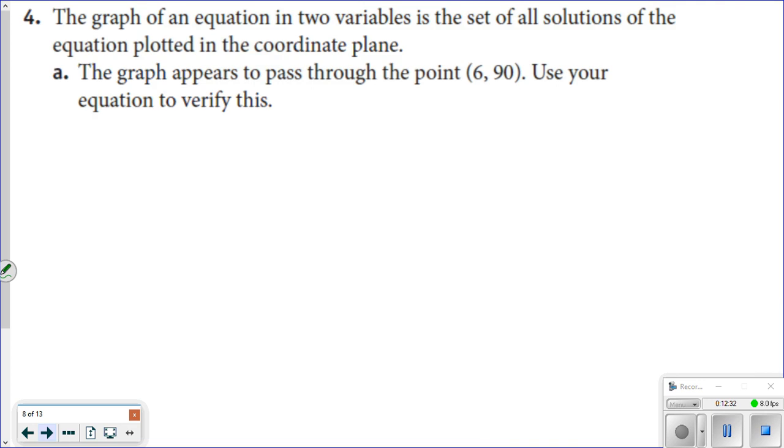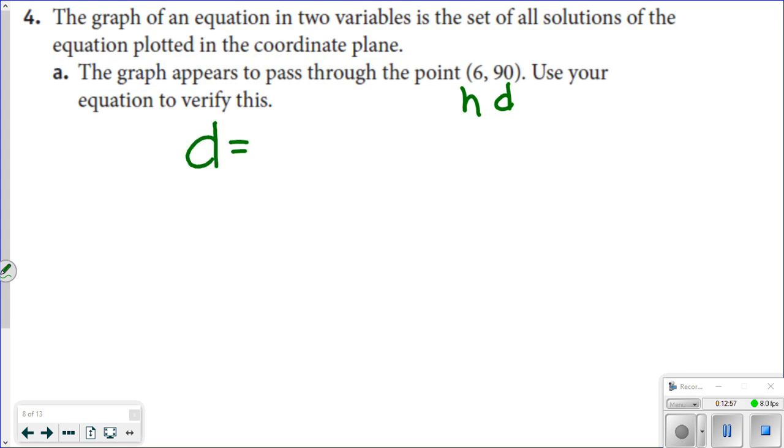The graph of an equation in two variables is the set of all solutions of the equation plotted in a coordinate plane. The graph appears to pass through the point (6, 90). 6 is h, hours. 90 is d, distance, or miles. We're going to use the equation to verify that this is true. What equation?